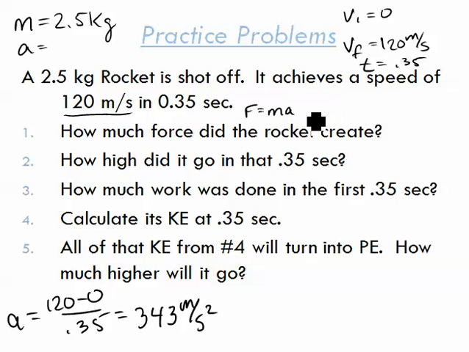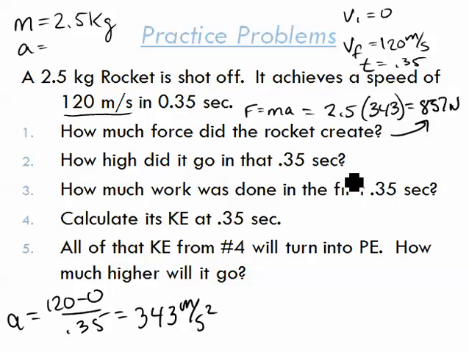So to find the force, I can say it is 2.5 kilograms times that 343, which gives me 857 newtons. And I'm not going to worry about the decimal places. We can talk about that later. So that right there is my force.